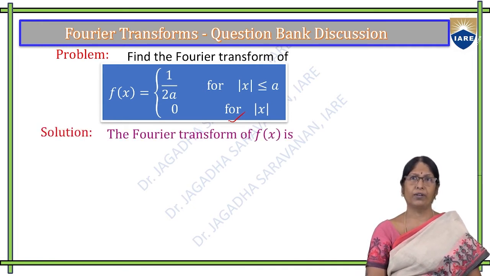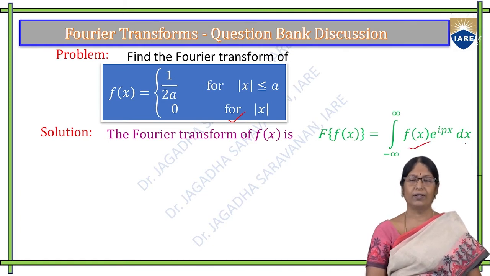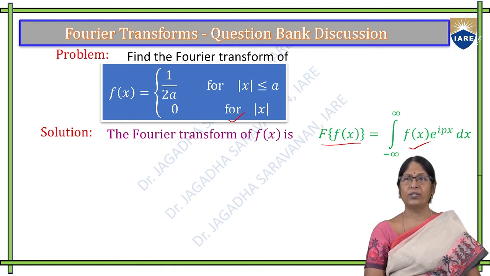So the solution, the Fourier transform, is Bloom's first level. We will recall the formula, which is written here. That is capital F of x, how we read the Fourier transform of the function f of x, which is equal to the integral from minus infinity to infinity of f of x e power ipx dx.